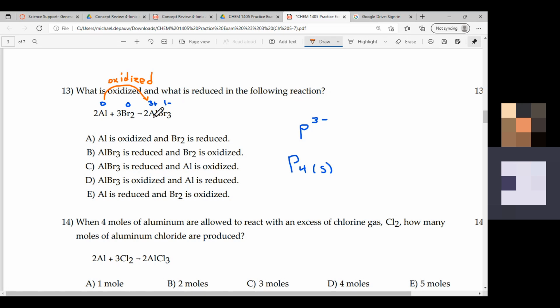Electrons are negative, so if you lose negatives, you become more positive. So you are losing electrons, but it makes more sense to think of oxidation as a gain in charge than to think of it as a loss of electrons. You have to do more mental gymnastics if you're thinking of oxidation and reduction in terms of the electrons. If you think of it simply in terms of the charge or oxidation number, it's a lot simpler.